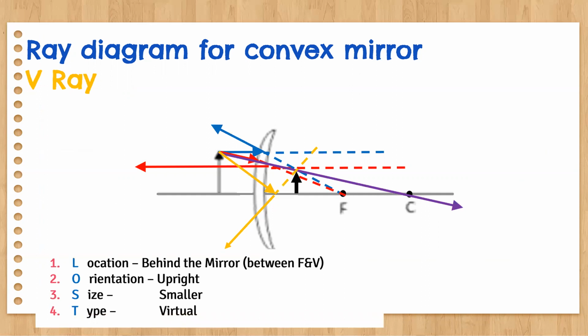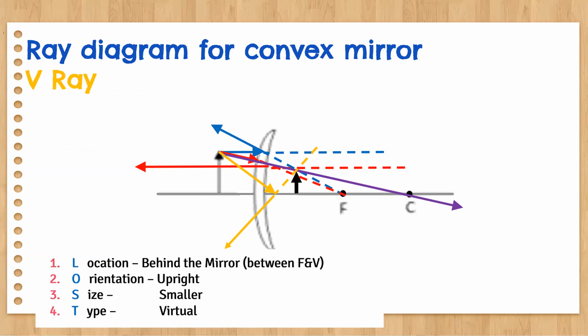The location is behind the mirror, between the focus and the vertex. The orientation is upright since they are both standing, top to bottom. The size is a bit smaller and it is virtual because it is not the light rays that intersect, but only a graphical representation of the rays. Also, it is virtual because the intersection occurs behind the mirror.